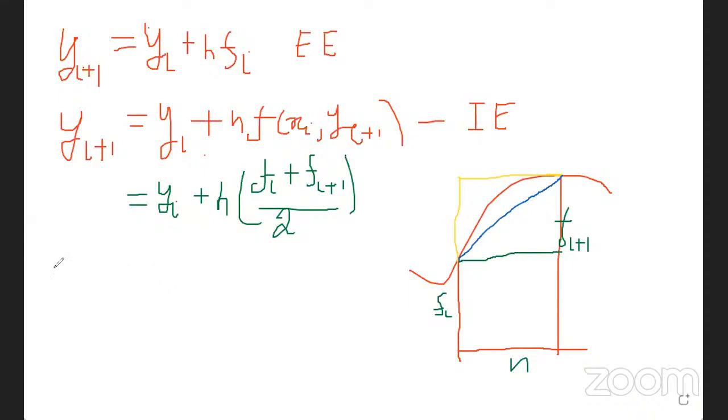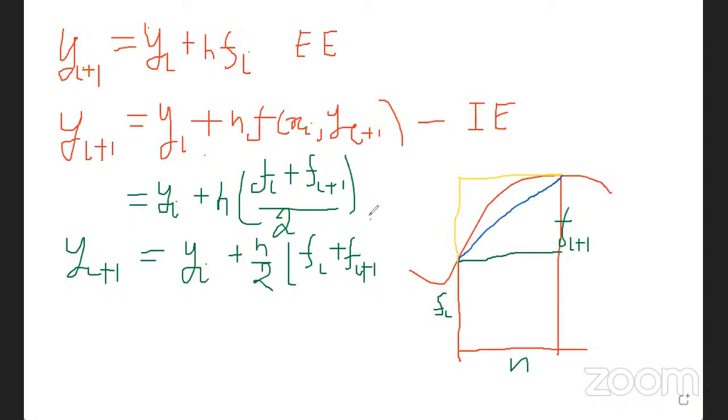So this third one is y i plus 1 equal to y i plus h by 2 times f i plus f i plus 1.